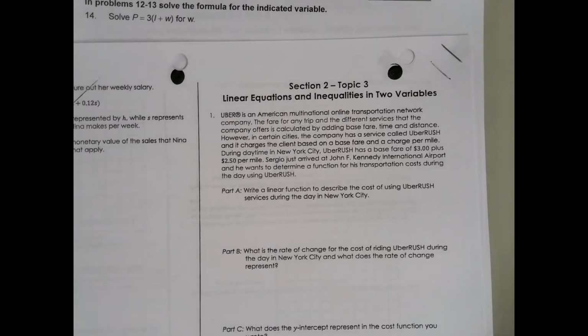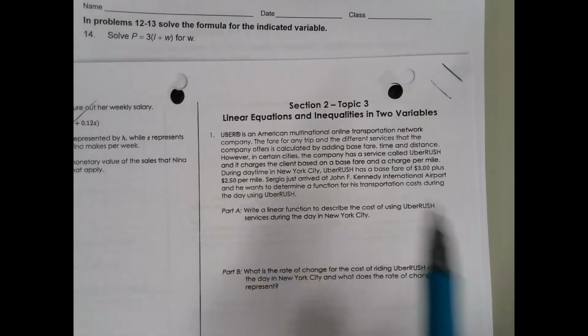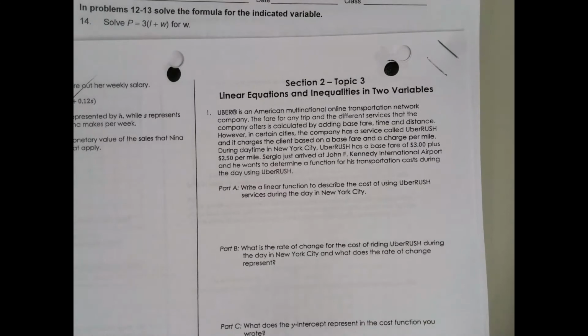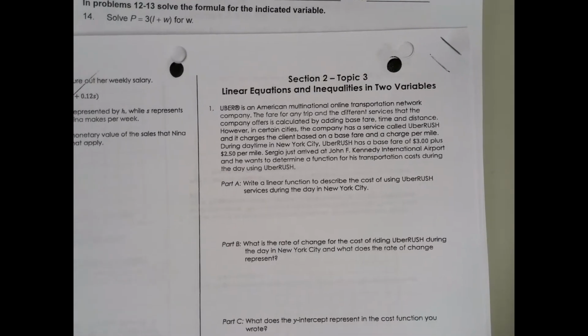Okay, here we go. Let's have Ms. Brown read this problem for us first. Uber is an American multinational online transportation network company. The fare for a trip and the different services the company offers is calculated by adding base fare, time, and distance.